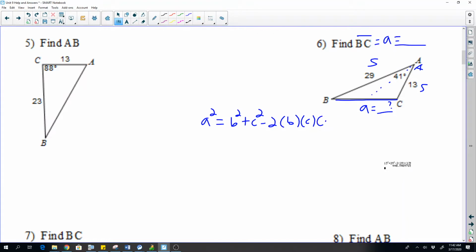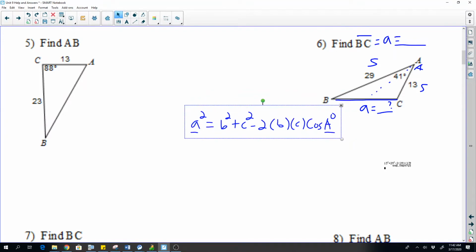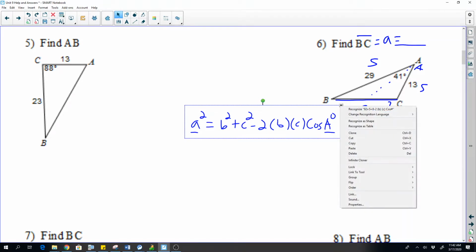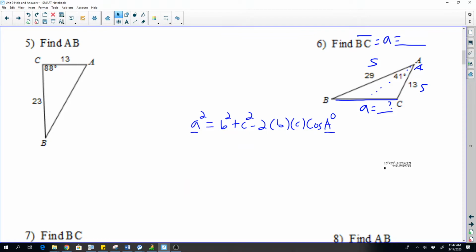The letter that we started with was little a, so let's do big A. So then if we wanted to go ahead and copy that, boom, we can clone it. Whoa, that's amazing. And then send that up there to the top. There we go.